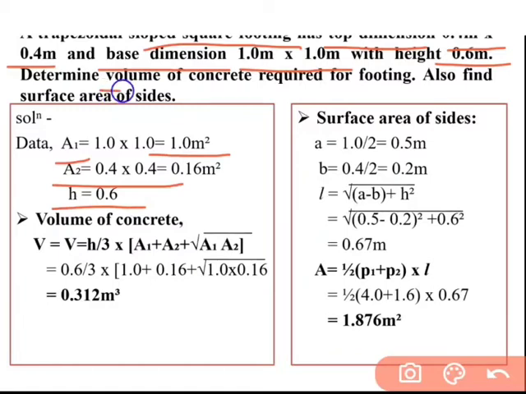Determine the volume of concrete required for the footing and also find the surface area of the sides.